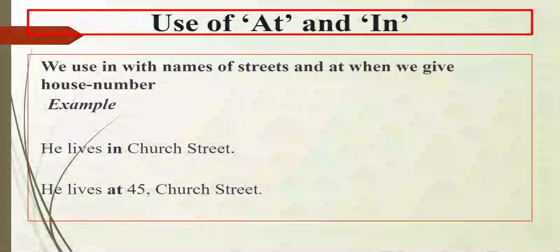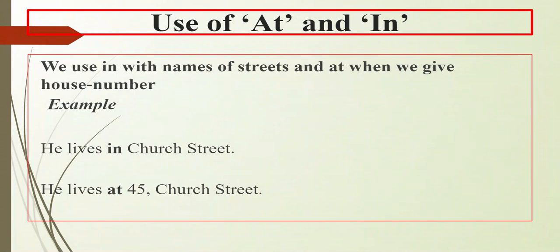We use in with names of streets and at when we give house number. So most of the children, they don't know this thing that in is used with name of the street when we're giving someone our address. So when we talk about the street, we use in, and at is used when we give house number.